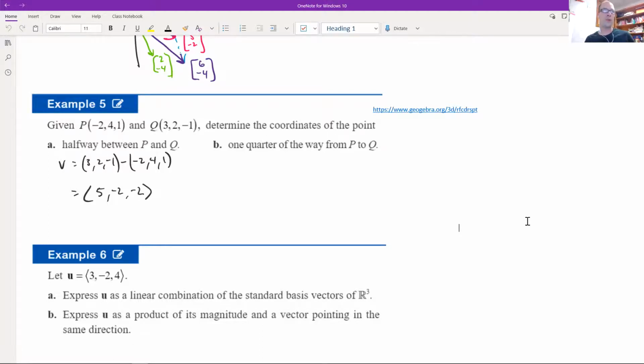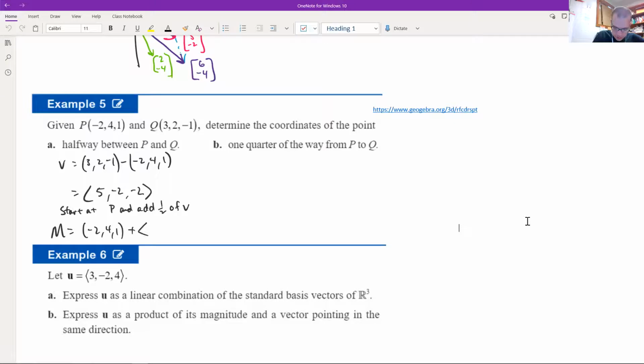And in order to get something halfway between P and Q, the idea is start at P and add 1/2 of our vector v. So this halfway point, let's call it M, will be P, and then we will add 1/2 of v.